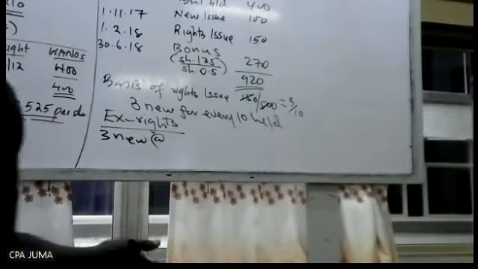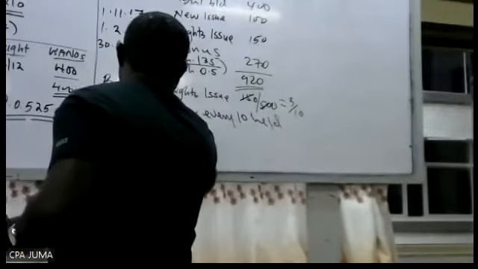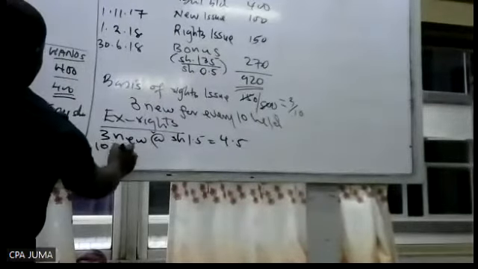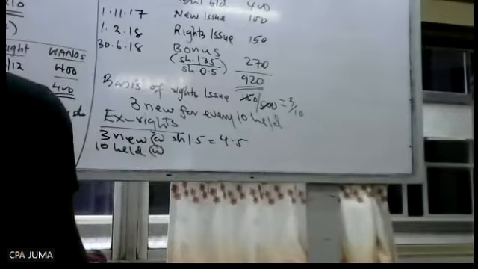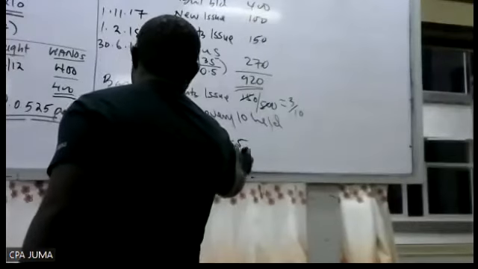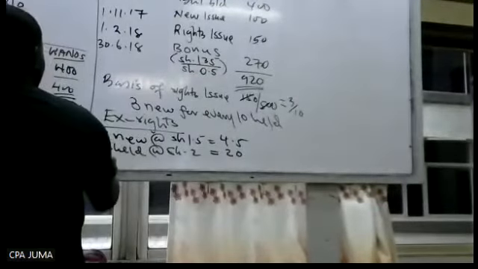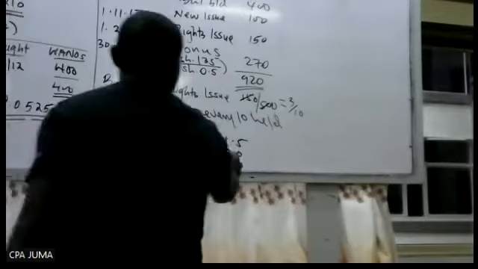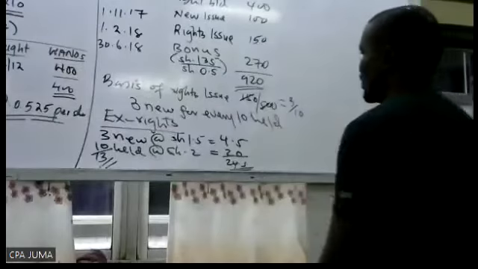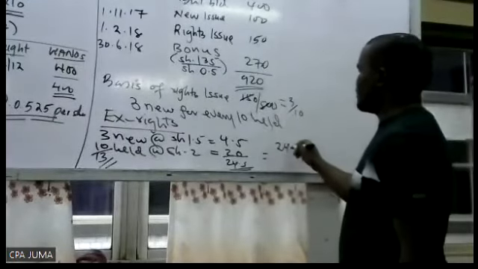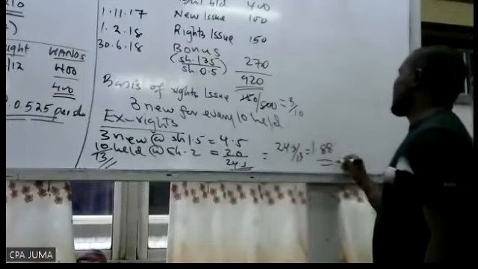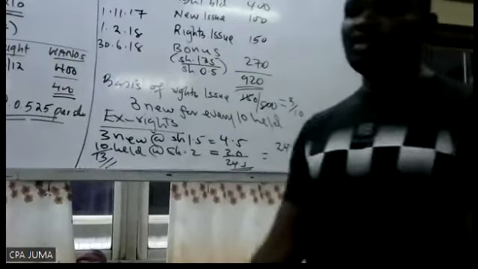The issue price was 1.5, giving you 4.5 for every 10. 10 at what price? 2. Giving us 20. This is 13 shares for 24.5. So X rights price will be 24.5 divided by 13, giving you 1.88. That is the X rights price.